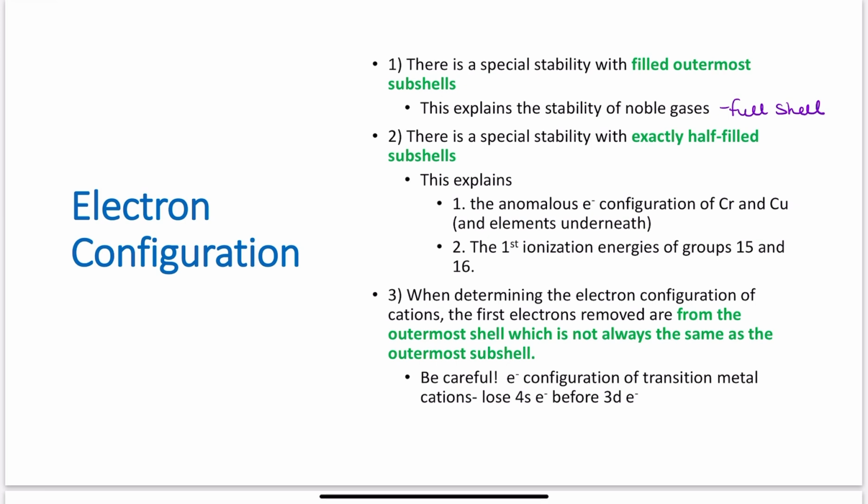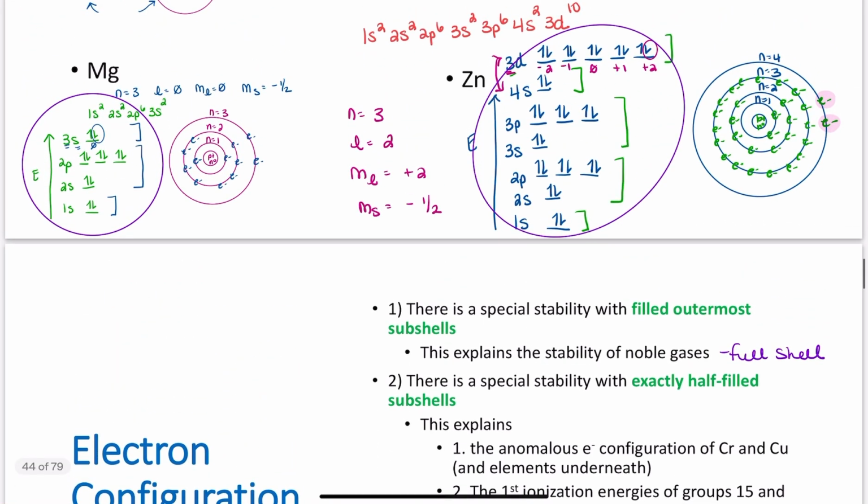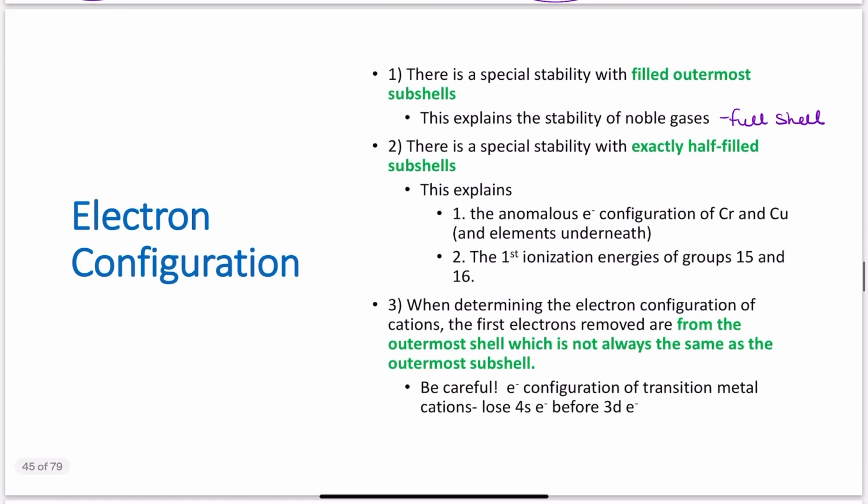What I mean by that is even though, like we talked about with zinc up here, I filled the D last, I'm removing S first because it's the outermost shell. So the outermost shell is removed before the outermost subshell. So for electron configuration of transition metals, the metal cations lose 4s before they lose 3d. They lose 5s electrons before they lose 4d electrons, and on down the table.